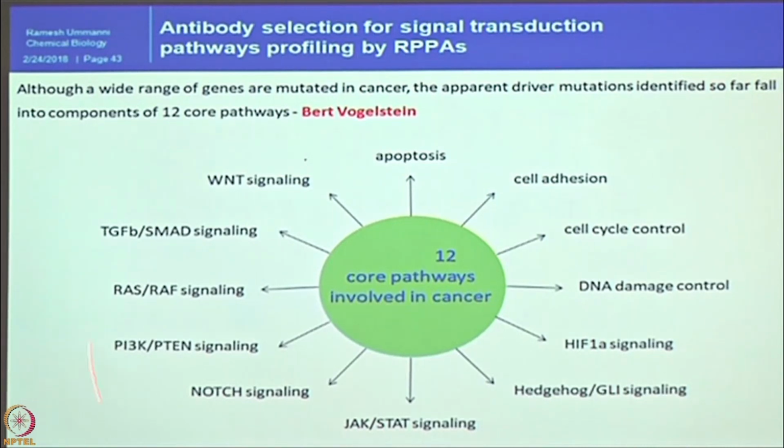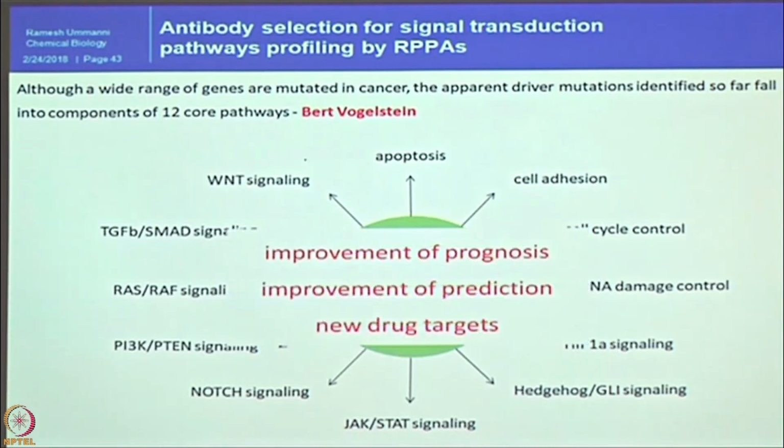So if you analyze the activation or inactivation of these pathways in lung cancer patients, based on the activation status you can choose the drug to be given. This was the motto. We arranged a panel of antibodies measuring the activation status of these pathways to proceed forward.